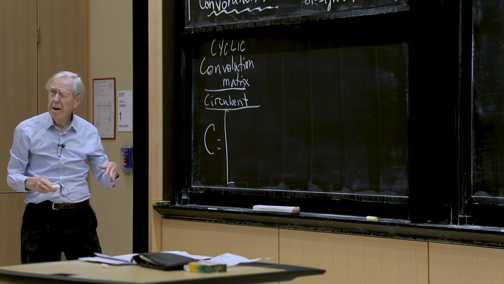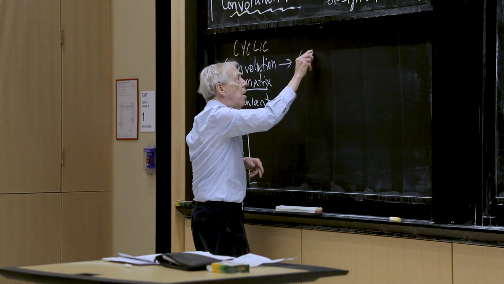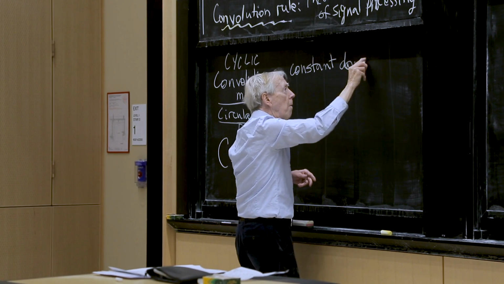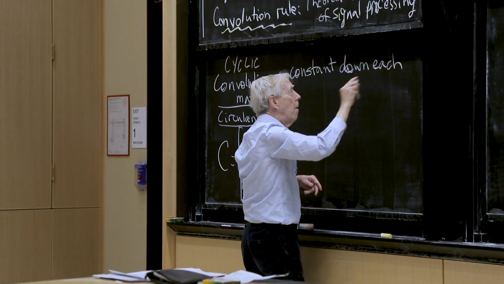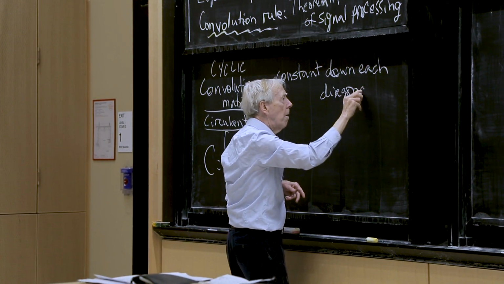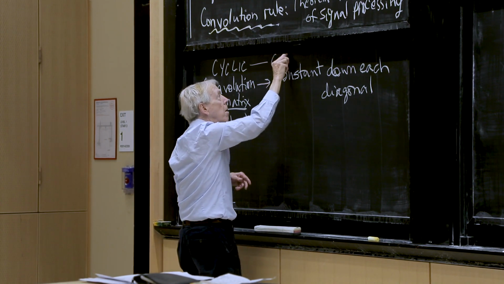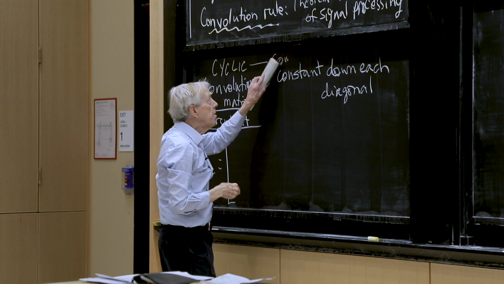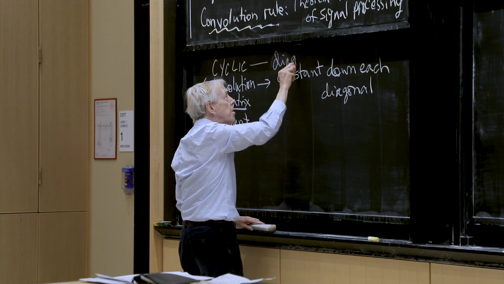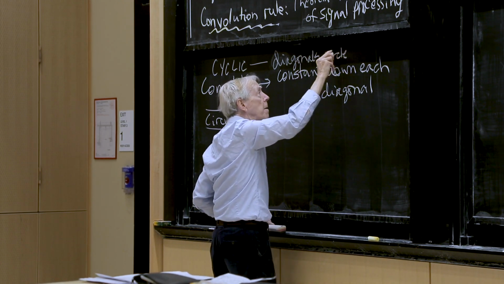That's what convolution means matrix-wise. Convolution means constant down each diagonal. And cyclic means complete circle around again. The diagonals circle around. So I'll just show you what I mean.